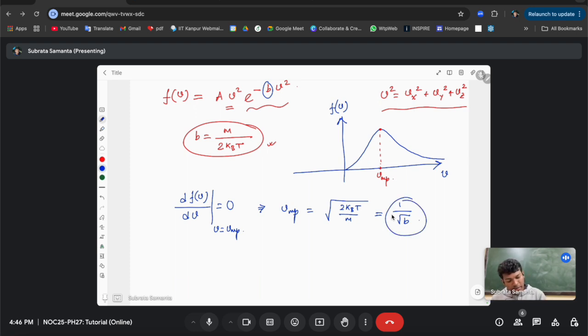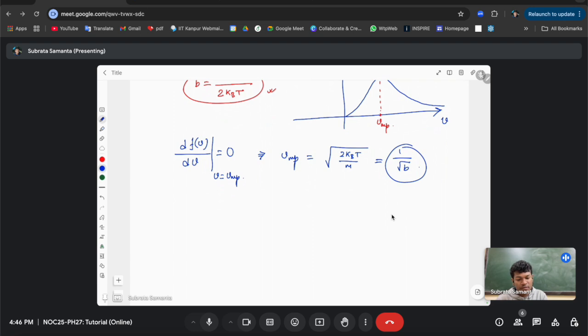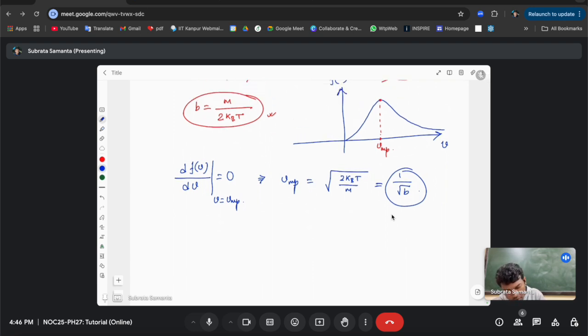Now I don't know whether this is a minimum or a maximum. So compute the second derivative, d2f over dv2, again at v equals v_mp. If you calculate this, you can easily check that it is less than 0.